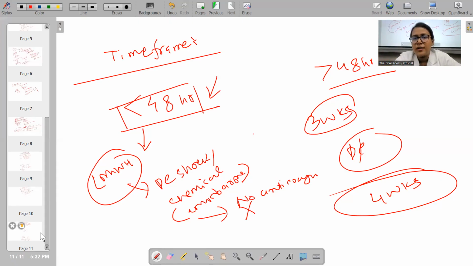For example, the patient has pneumonia with atrial fibrillation. The patient presented to you within, say, 36 hours. What's the treatment option? How would you like to treat this patient's atrial fibrillation?